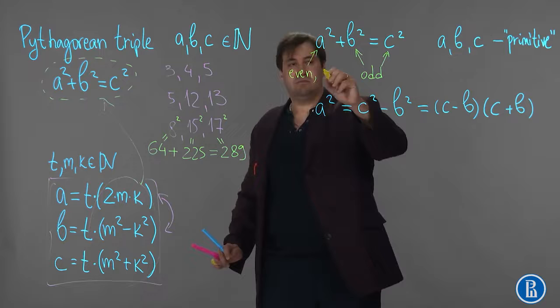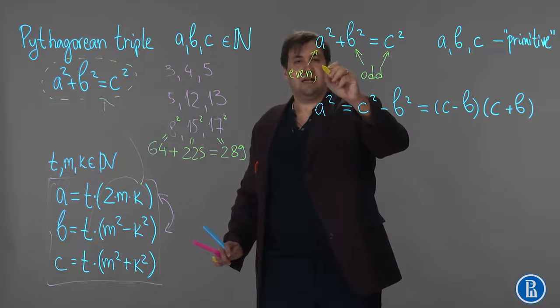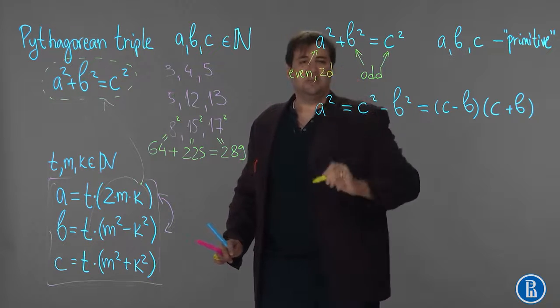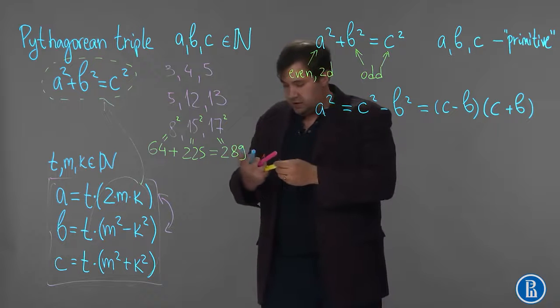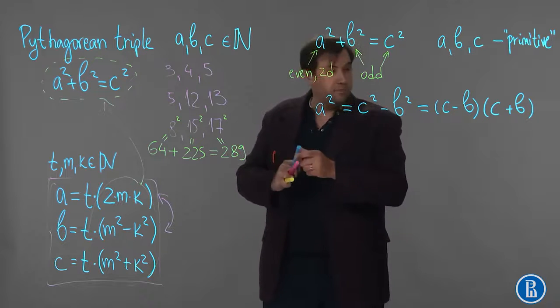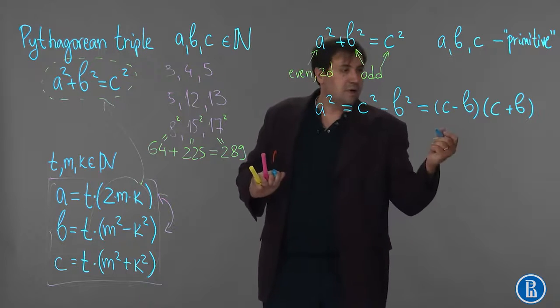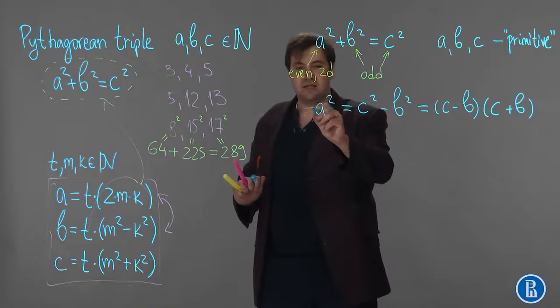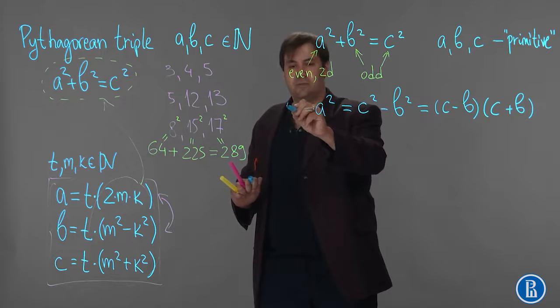Let's say that a is equal to 2d. So we can say that a squared is equal to 4d squared.